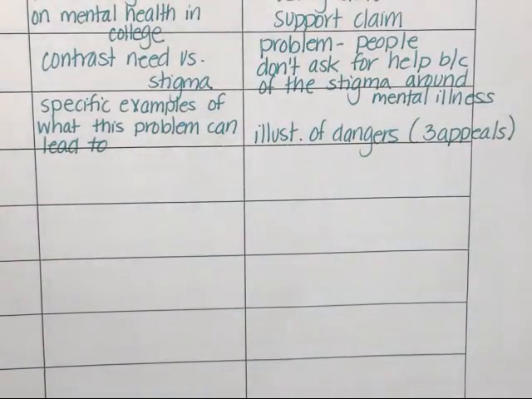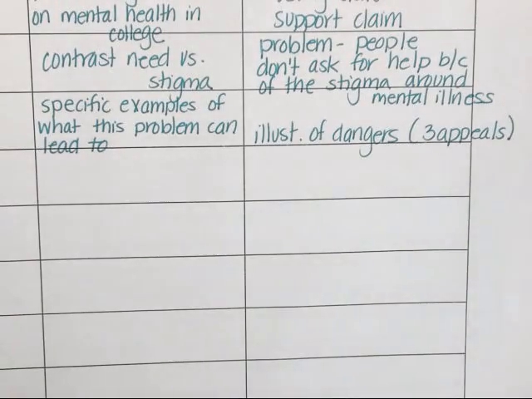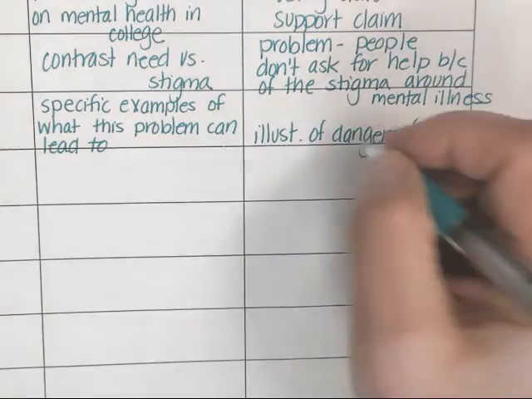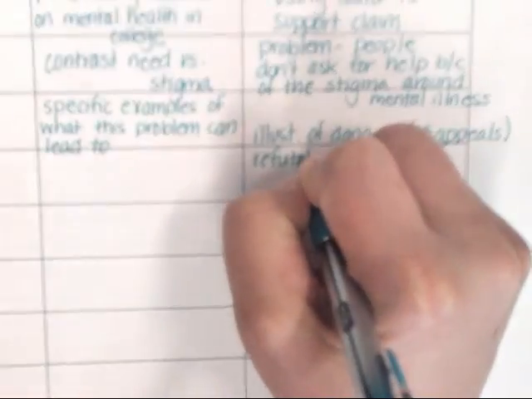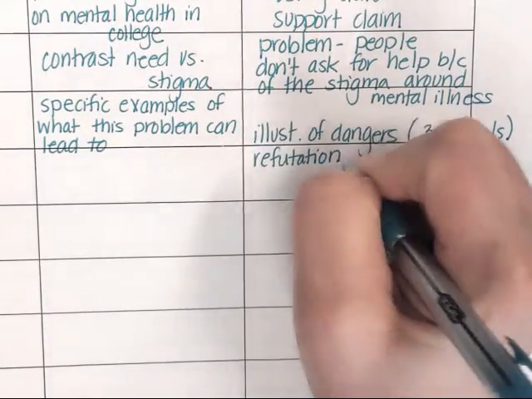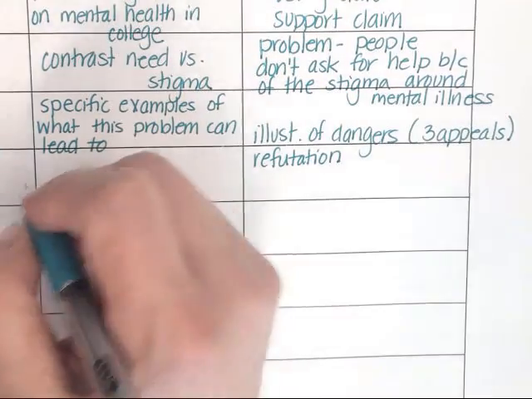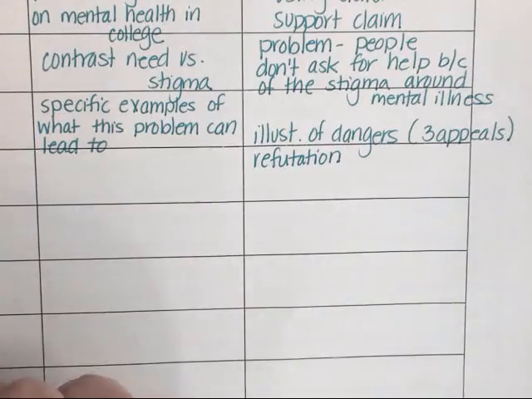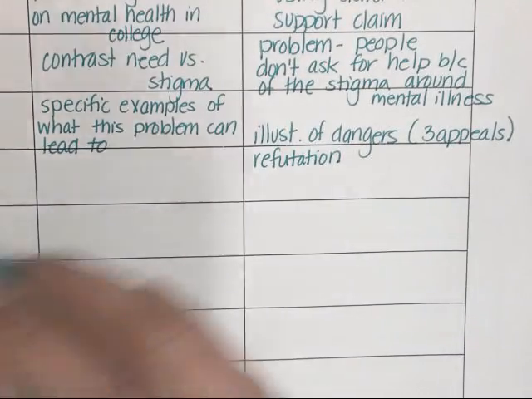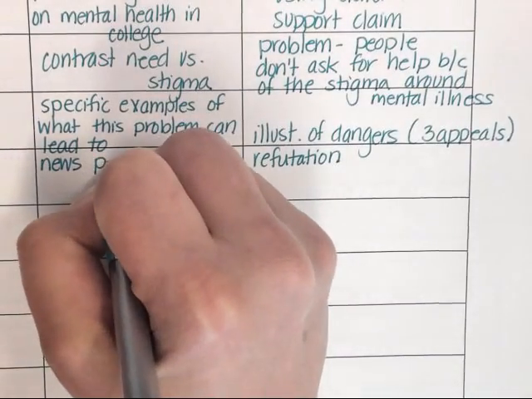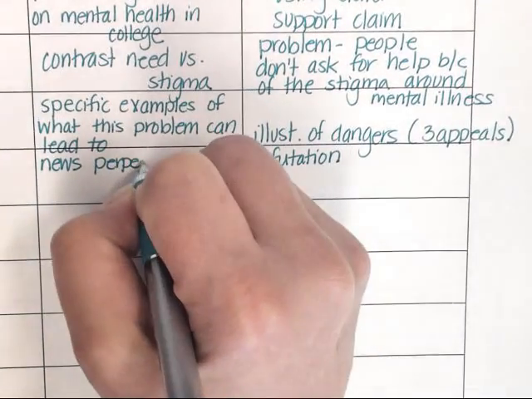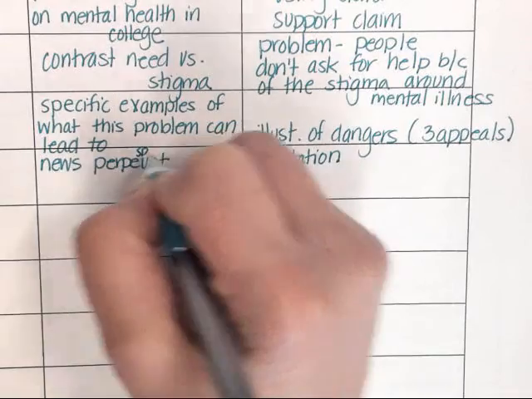All right, so in this paragraph, paragraph number 5, we are looking at more of a refutation. And she is really talking a lot about how news perpetuates the stereotype. I don't know if I spelled it right.